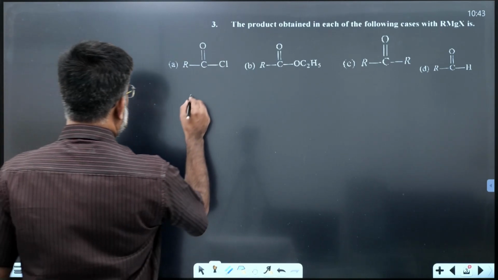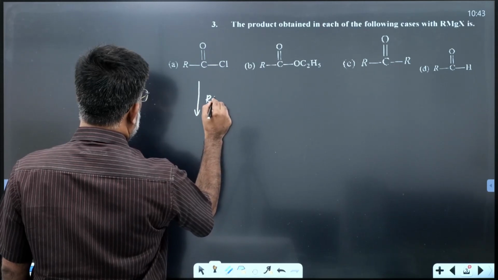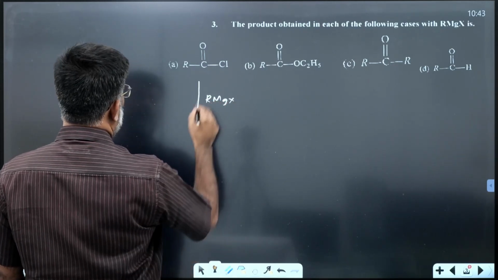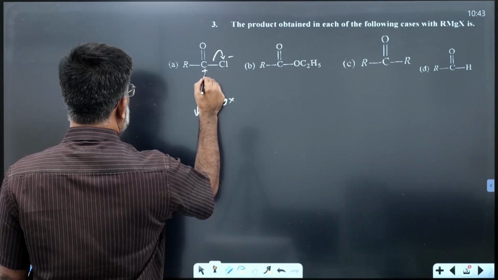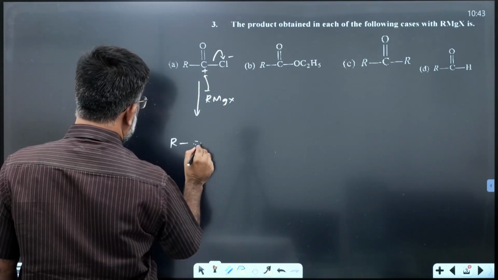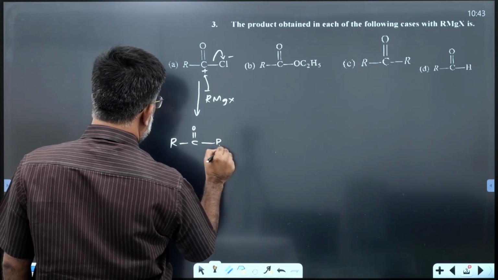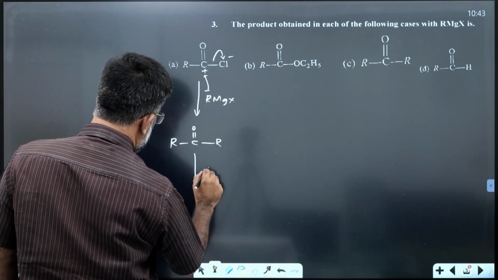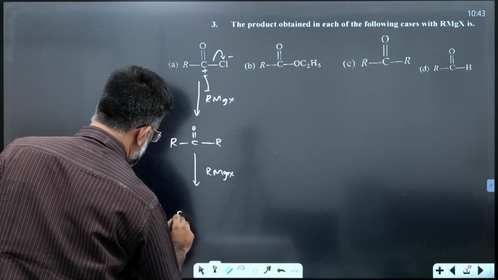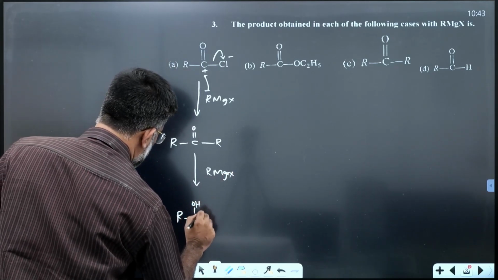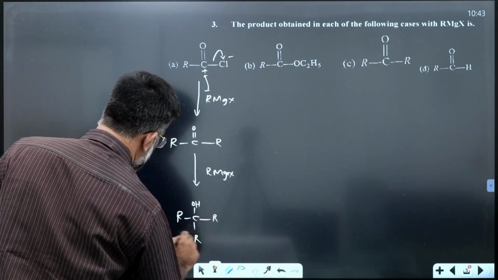What is going to get here? This with the RMgX. You see, it's breaking minus and plus. This minus will be attacking here. You get RCOR. And that again reacting with the RMgX, you will get tertiary alcohol.